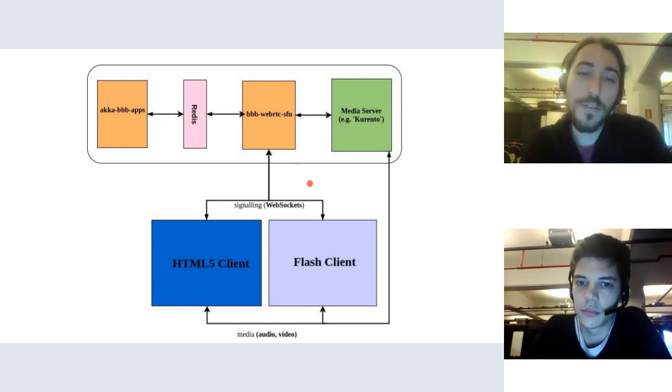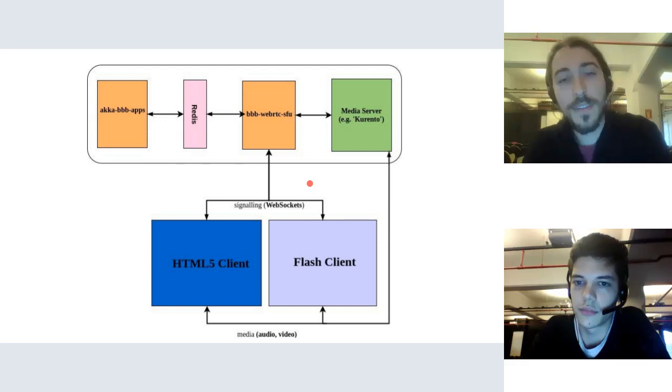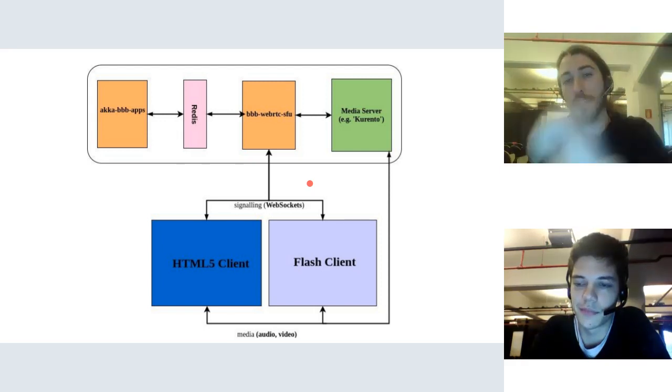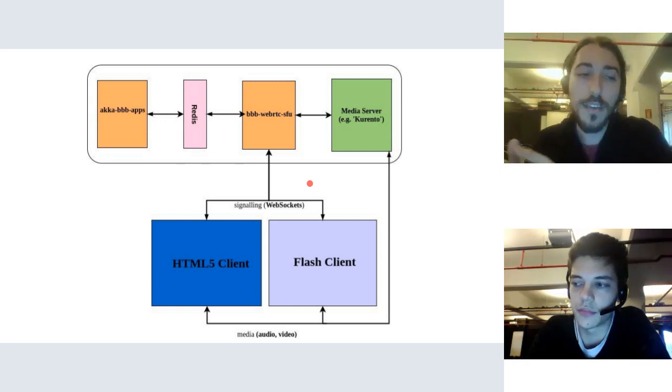And we have a new component in BBB's architecture, which we're calling BBB WebRTC SFU. This component is responsible for being a kind of coordinator or controller of all the video streams we're going to be publishing and receiving.